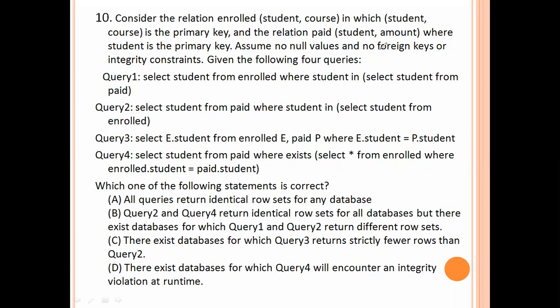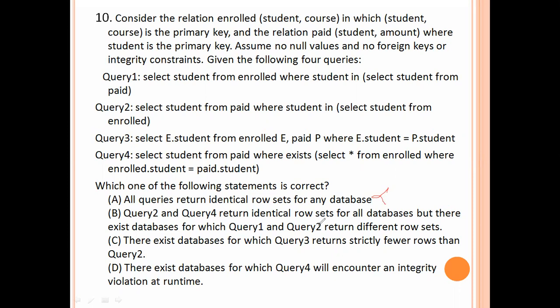So which one of the following statements is correct? Here find that one. So now here we see, first, all queries return identical row sets on any database. No. Query 2 and query 4 return identical row sets.